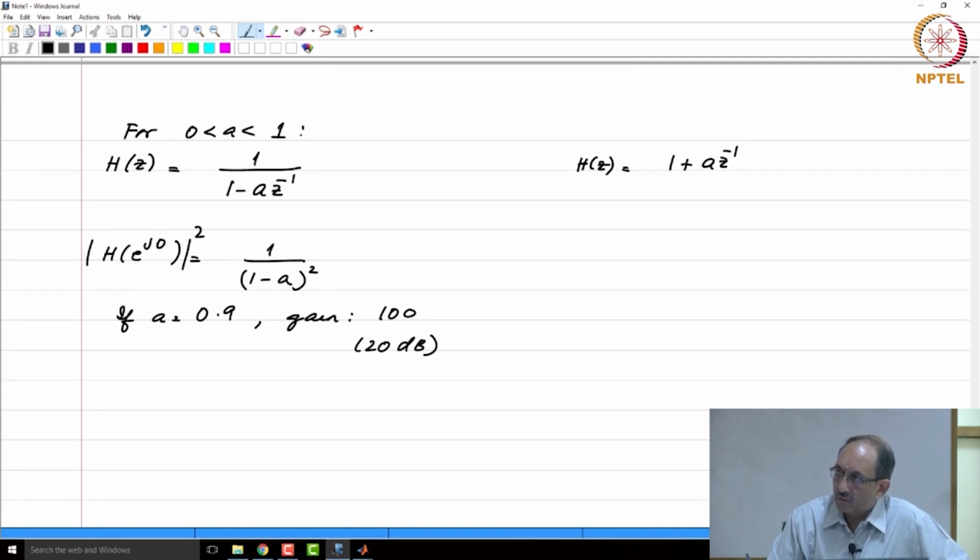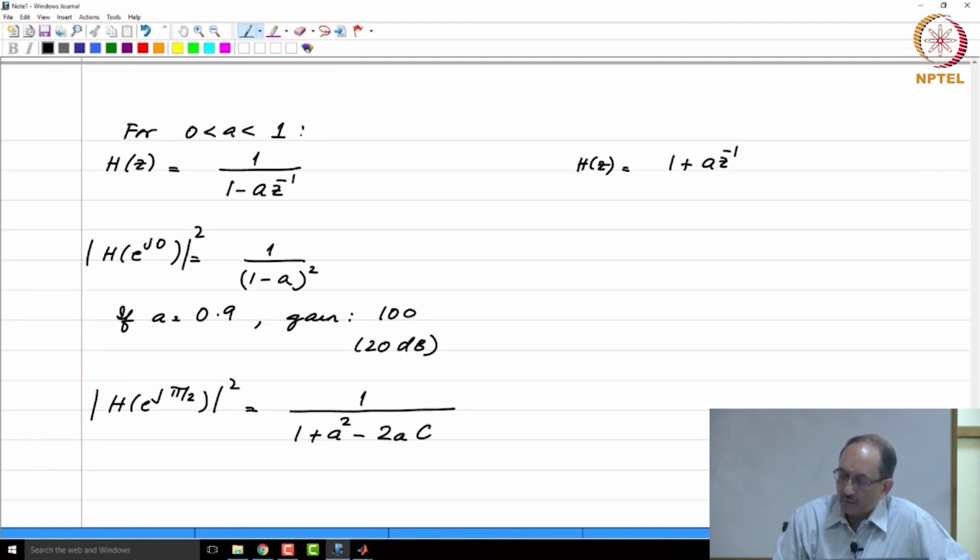Now, let us look at some other comparison point. Let us look at h of e to the j pi by 2. We are evaluating the frequency response at pi by 2, and remember this is 1 plus a square minus 2a cos omega minus theta.